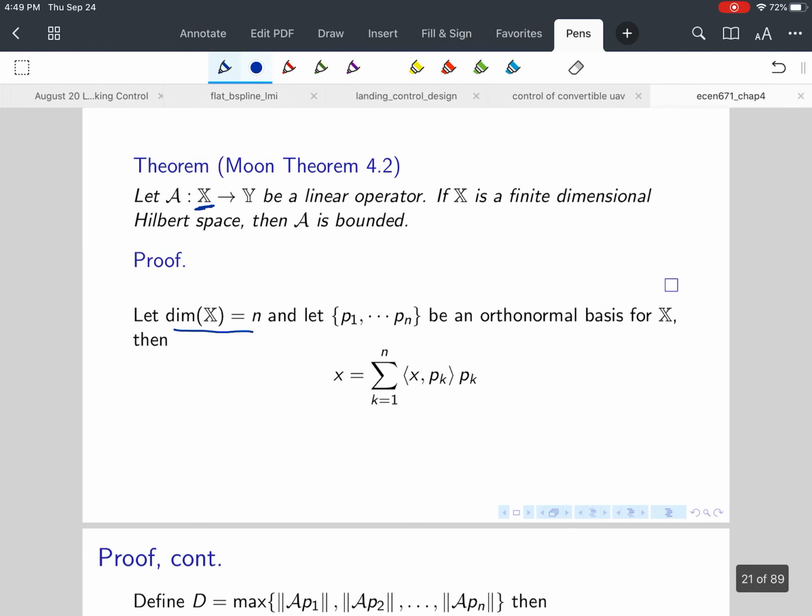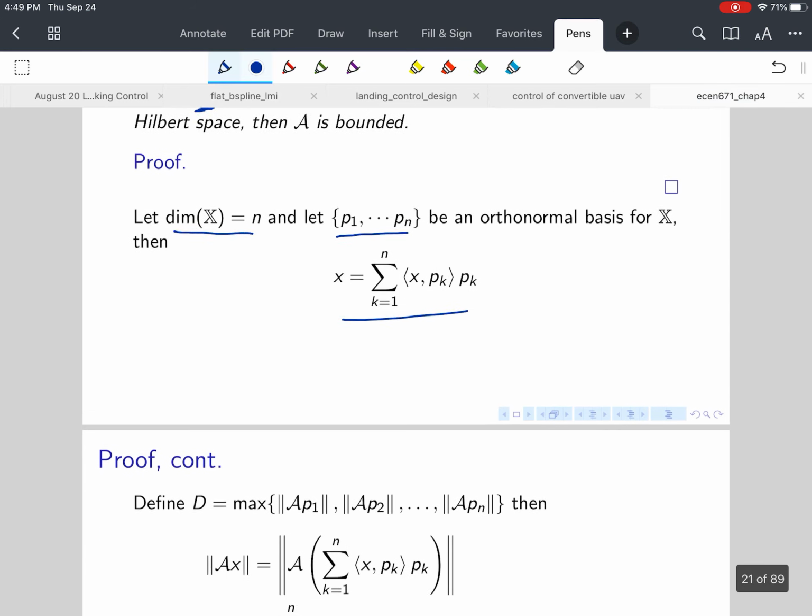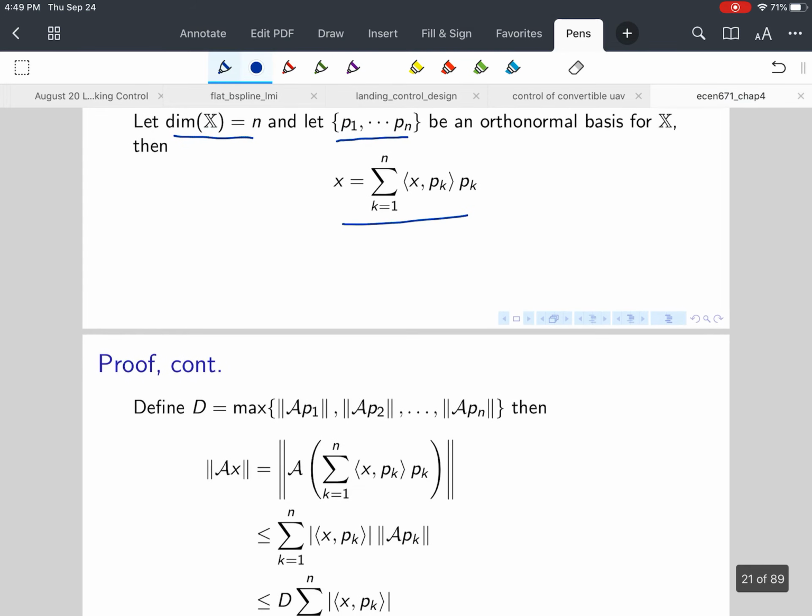So if we let the dimension of X be equal to n, then because it's finite, we pick an orthonormal basis for X. So let P1 to Pn be an orthonormal basis, which means that we can write any x in terms of its generalized Fourier series, the sum of the inner product of x with Pk times Pk.